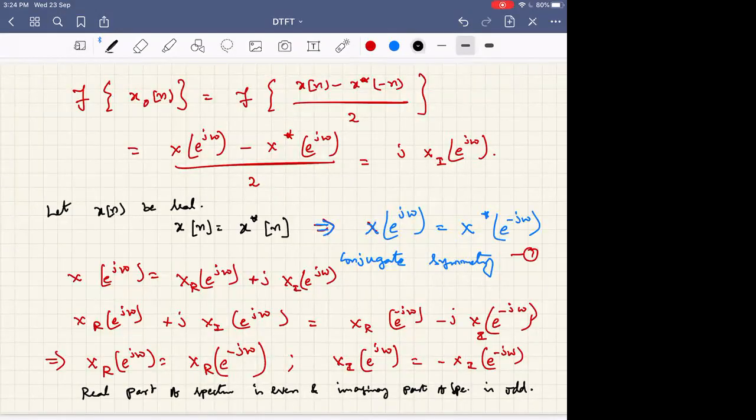Here, one thing we didn't specifically write is similarly here you can show that the magnitude spectrum is symmetric and phase spectrum is antisymmetric. Hope you know that.